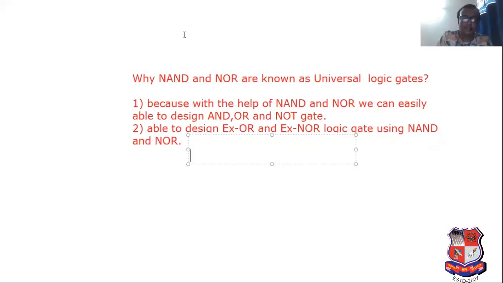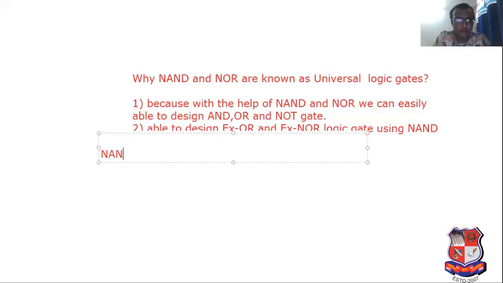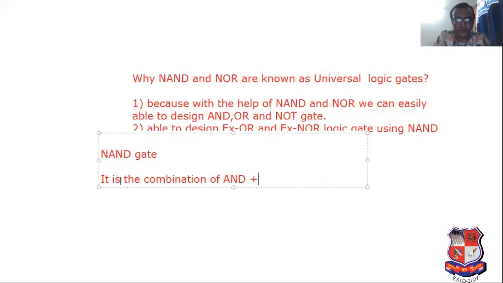Now, what is the symbol of NAND gate that I have described here? Next point, NAND gate. It is the combination of AND plus NOT gate. I have sketched here the symbol of AND gate.